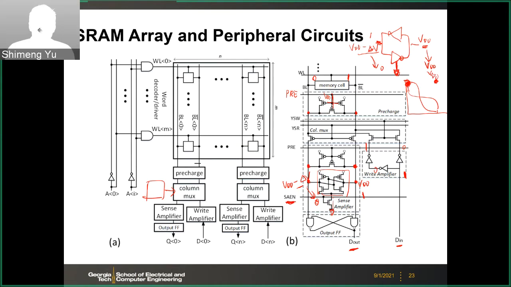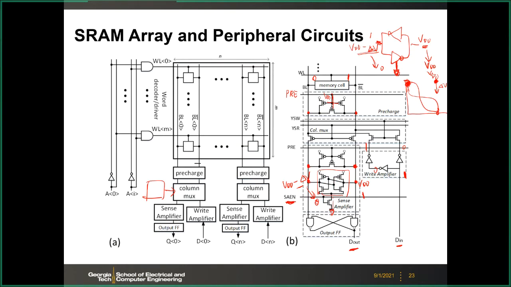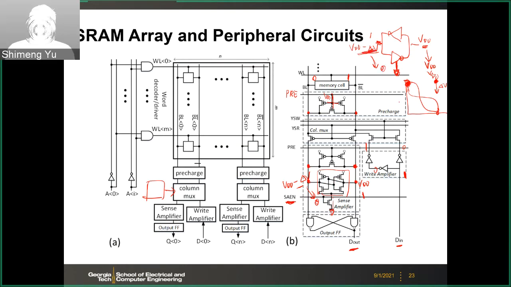But if one of the nodes, let's say, has its voltage decay by a delta V, then you go through the iterations as we did for the butterfly curve earlier. Then you end up with one of the stable points. And a simple rule here is that the smaller one will go to ground, and the higher potential one will stay at VDD. So I will not go through those iterations. You can do it by yourself. This is the basic property of the latch.